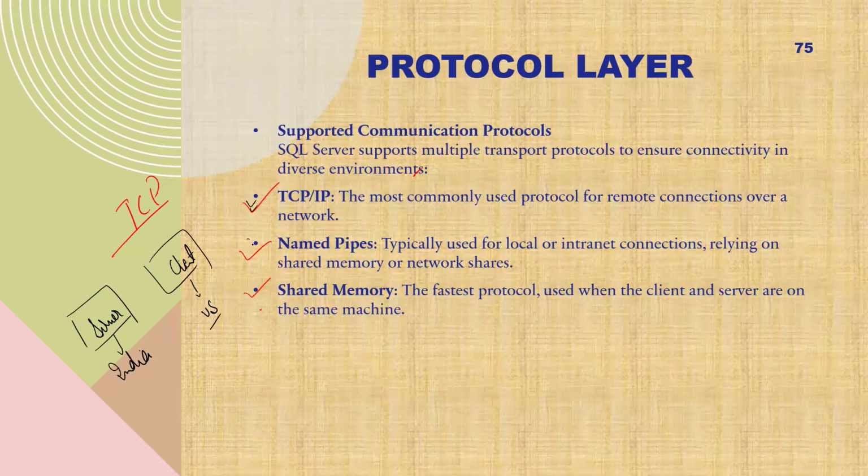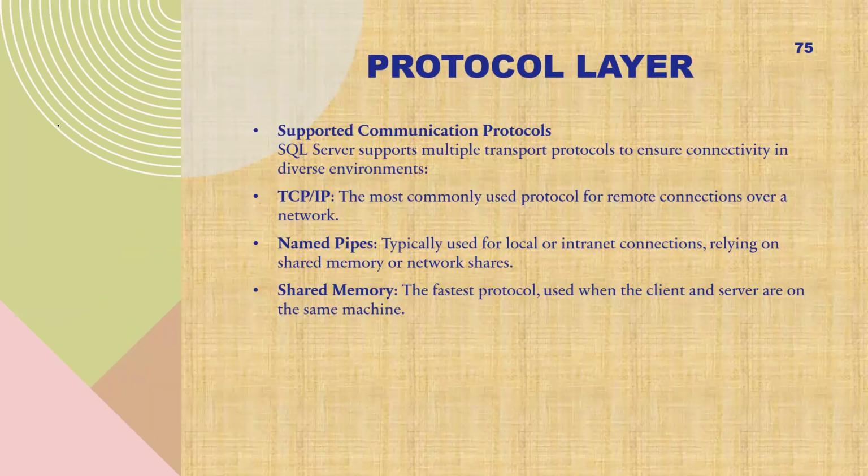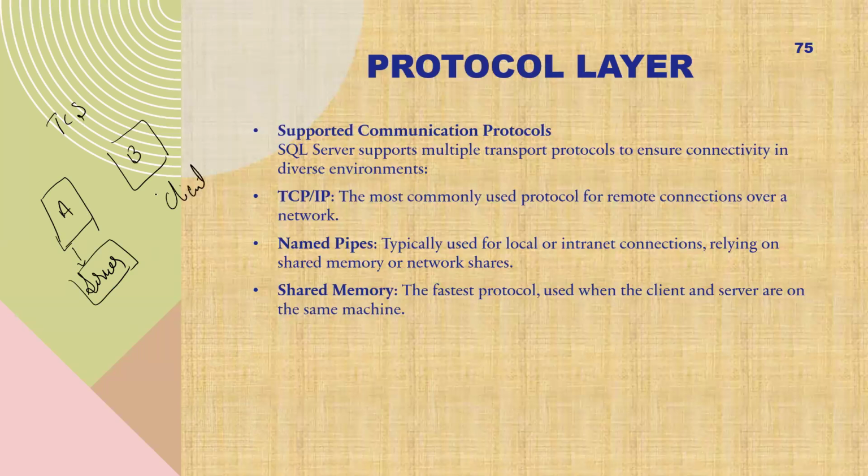So what do named pipes mean? Suppose there is one company, TCS, and two buildings, building A and building B. Suppose the server machine is in building A, and the client is in the second building.